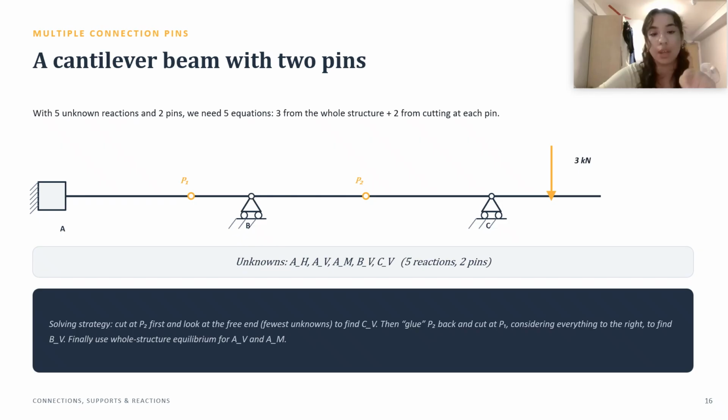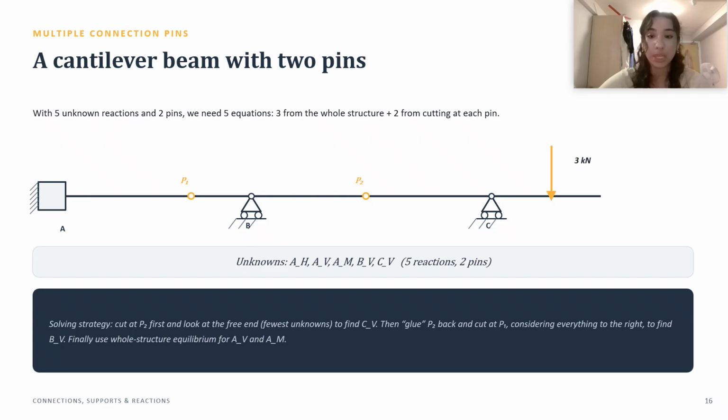So here we have two rollers, two pins, and we have a rigid connection because it's a cantilever, and then it's coming out from here, and then there are no more supports from there. This means that we will have 5 reactions.